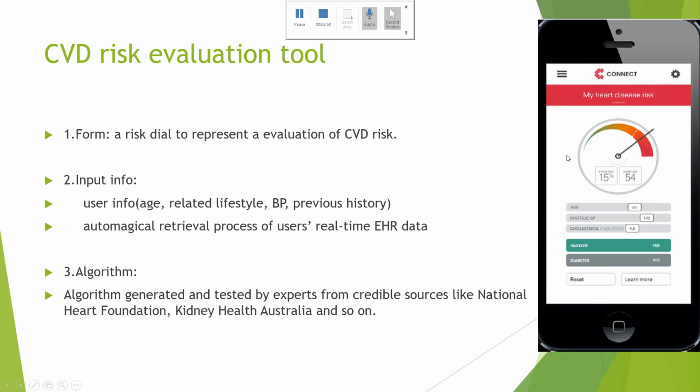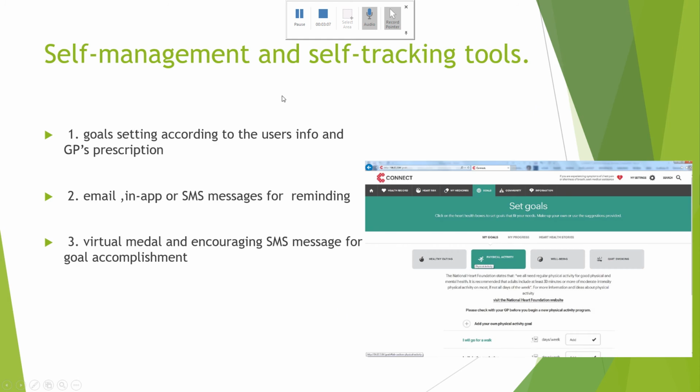The algorithms to get these CVD risks are generated and tested by experts from credible sources like the National Heart Foundation, Heart Health Australia, and so on. For the self-management and self-tracking tools, as you can see from the right side of this slide, it sets goals according to the health status of the patients, and also encourages and reminds patients or users to work according to the goals.